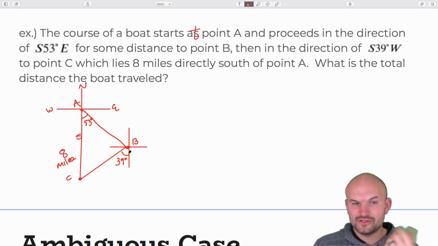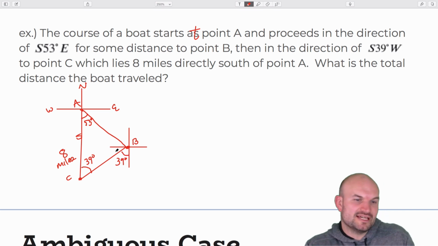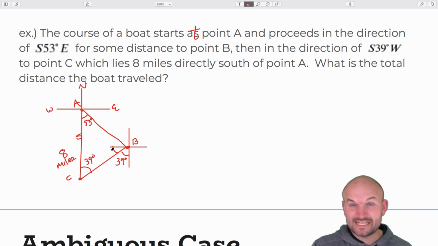Now, the other thing you could do is say, if that's 39, then this is 39. And you could use this as complementary angles: if that's 39, then this has to be 51 degrees. But you could also just say, if this is 39 and this is 53, I can figure out what those angles are. I don't need to do any more.